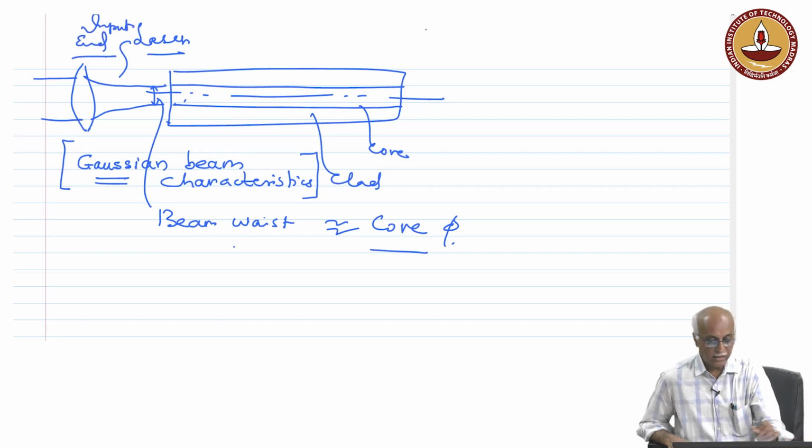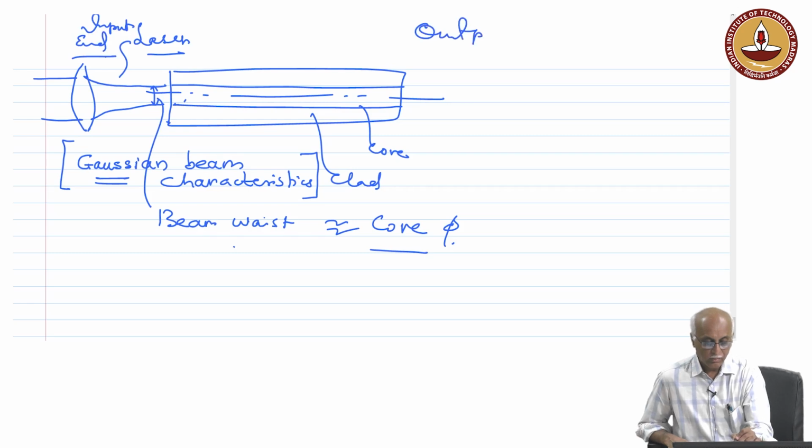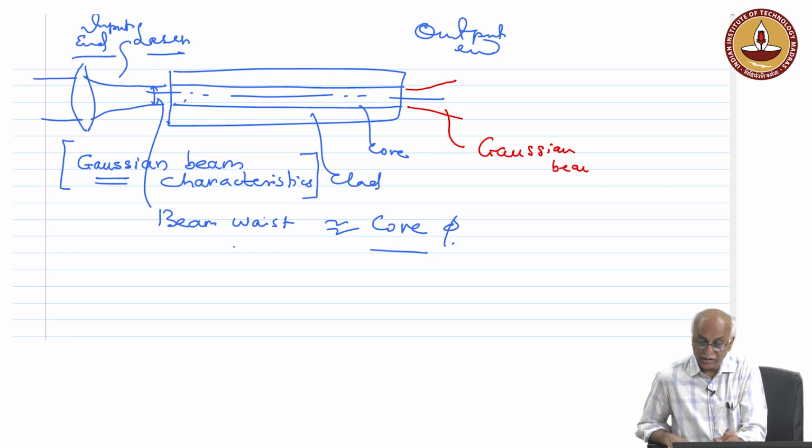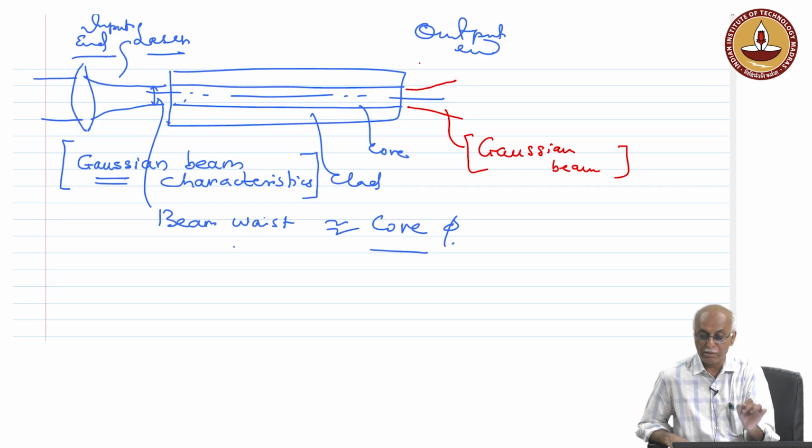And at the output end, the beam which is getting transmitted will again follow beam characteristics matching with the Gaussian beam. The divergence is decided based on the Gaussian beam characteristics, not by the numerical aperture of the fiber.